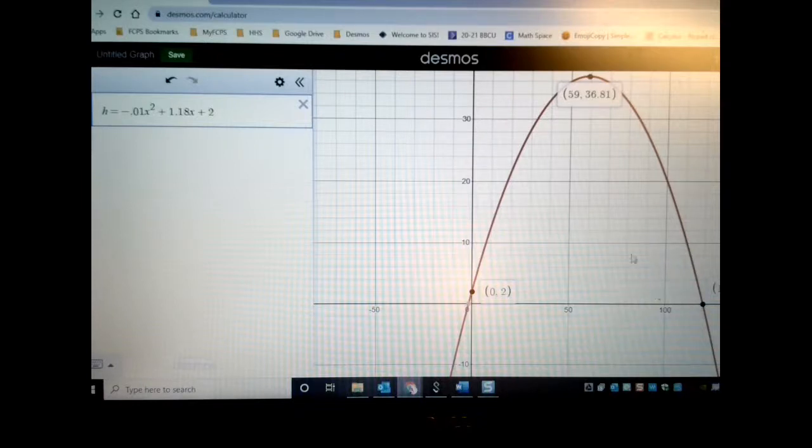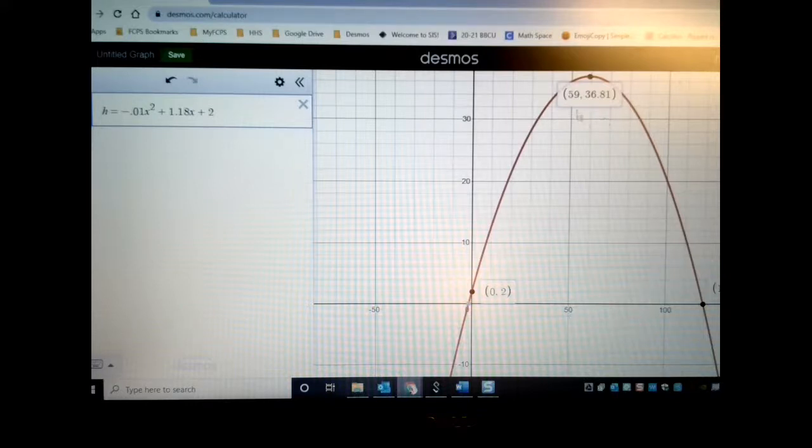So it says, what was the maximum height of the punt? So at, let's see, was that 59 seconds? The height of the punted football. X is the horizontal distance in feet, and h is the height.